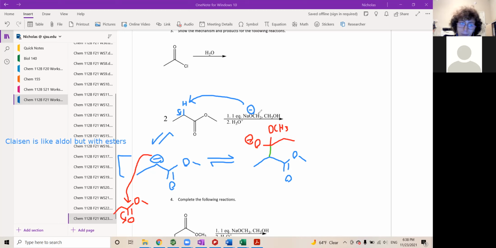And what will happen here now that we have our alkoxide? Remember, we started with an ester, which falls into the same class of compounds as acid chlorides, like we just looked at. They're carboxylic acid derivatives.